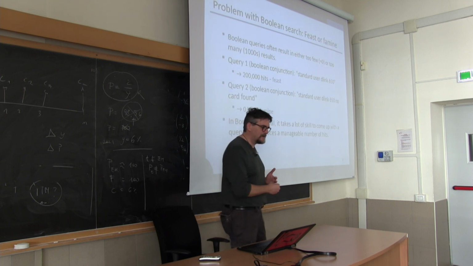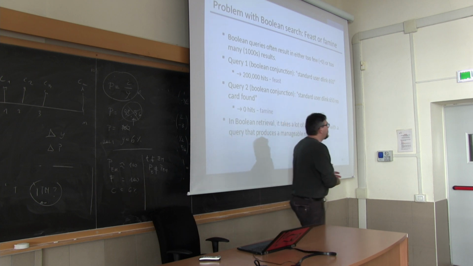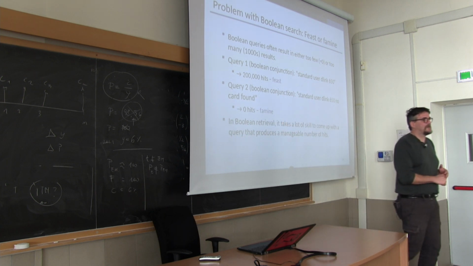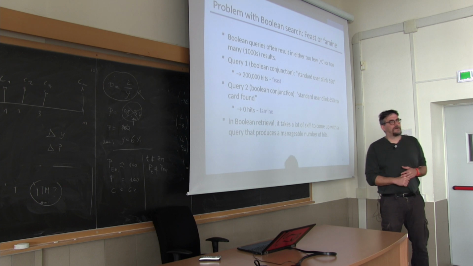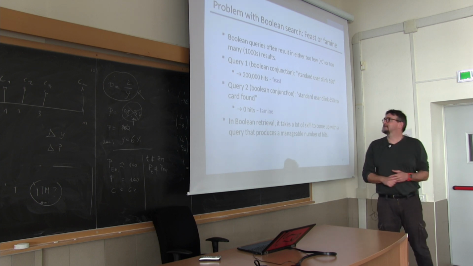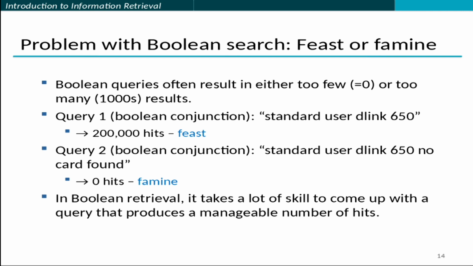Furthermore, a Boolean query, unless you know exactly how to optimize it, can give either too many or too few results. As an example, here you have two very similar queries. The query is standard user d-link 650. Okay, and you see you get back, on a given collection, 200,000 hits.